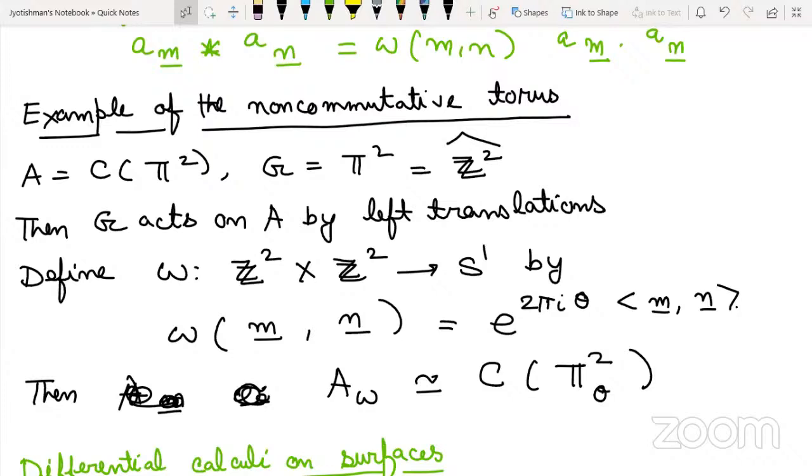That has to be made precise by going into the definition of a universal C-star algebra. Inside that algebra, if you look at the dense algebra generated by U, V, U star, V star, that's my ring.